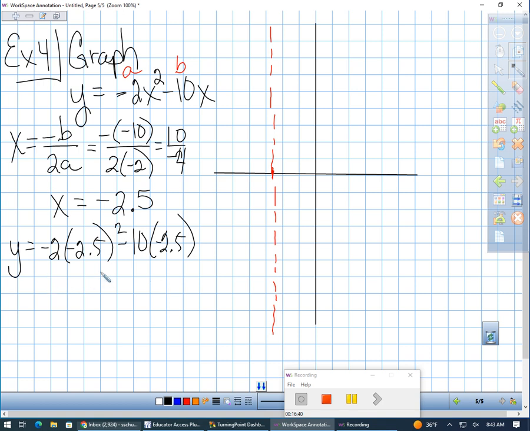Good. So our vertex is going to be at the point negative 2.5, which is right on your axis of symmetry, and positive 12.5, which is a little off our graph, I think. So shall we count by twos? All right. So we're going to go up 2, 4, 6, 8, 10, 12 and a half, right about there.